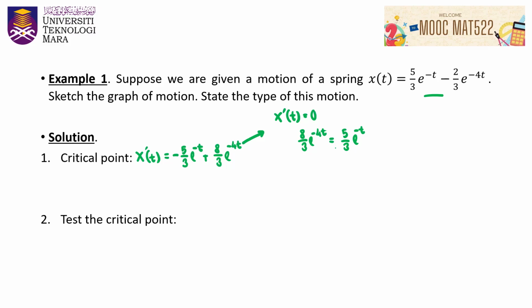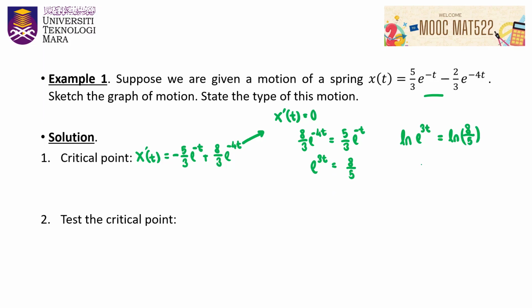Now, by rearranging the functions and the coefficients on both the left and right-hand sides, eventually we obtain exponent of positive 3t equals 8/5. For us to solve this exponential problem, we put ln on both sides of the equation. This gives us ln of exponent 3t equals ln of 8/5.